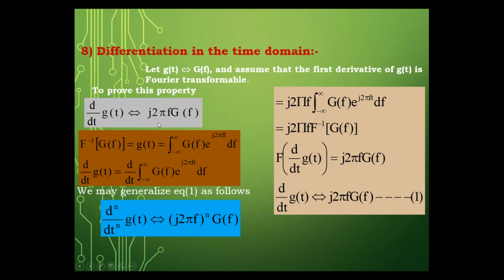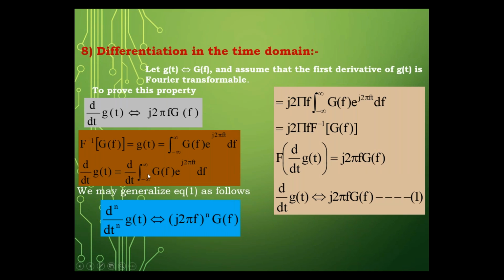Now what we have to do is apply the time differentiation to g of t. You apply time differentiation on both sides. I can write d by dt of g of t equal to d by dt of the right side term, which is integral from minus infinity to plus infinity G of f into e power j2 pi f t df.